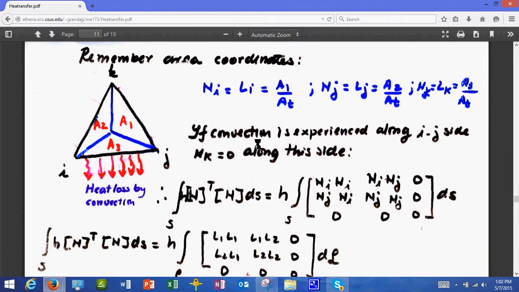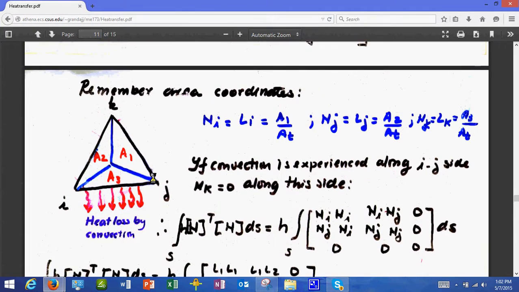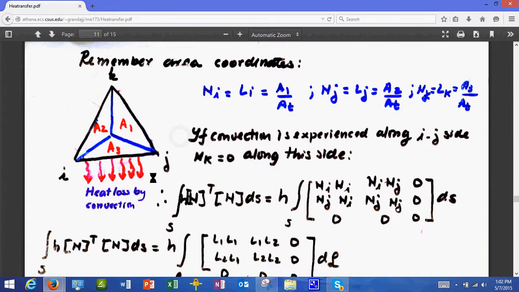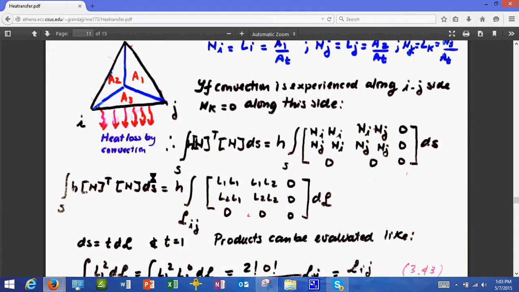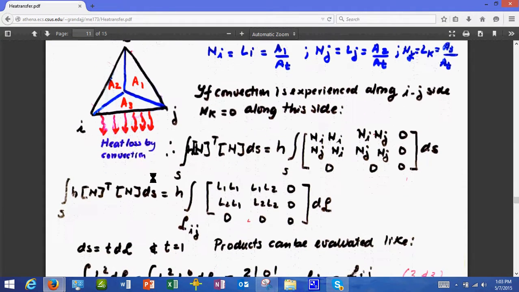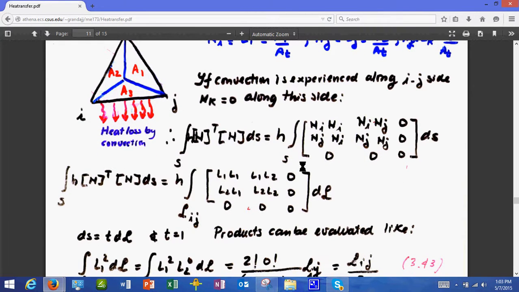Remember the area coordinates? How do they work? The area coordinates are something that you have on the bottom and conduction on the other two surfaces. Okay. See, this is why the author of your book was trying to get you to practice products of shape functions, shape functions squared, all that stuff, because he has the motivation to help you.